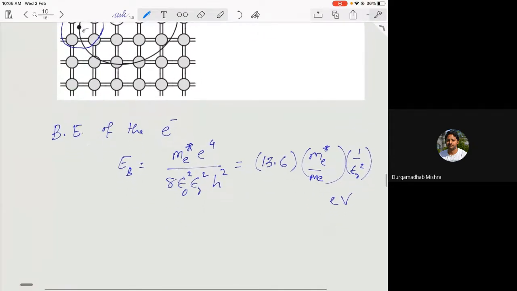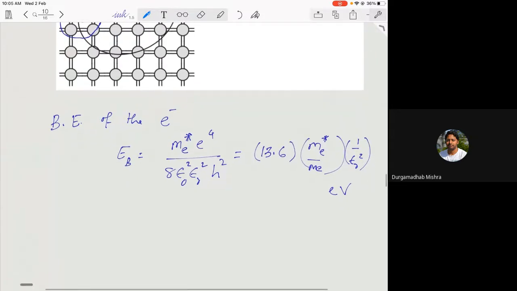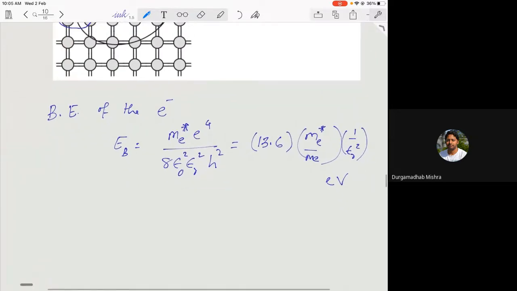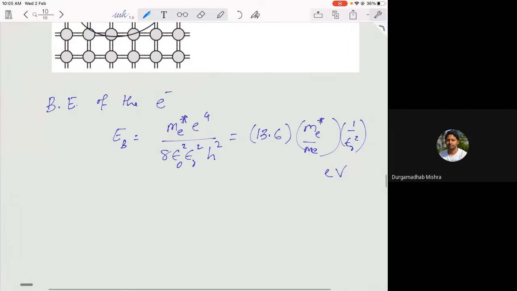So if you use, for example, arsenic in silicon, what will be the binding energy of the electron, even for any pentavalent atom for that matter, either arsenic or phosphorus? Typically me star is equal to 1/3 of the free electron mass.